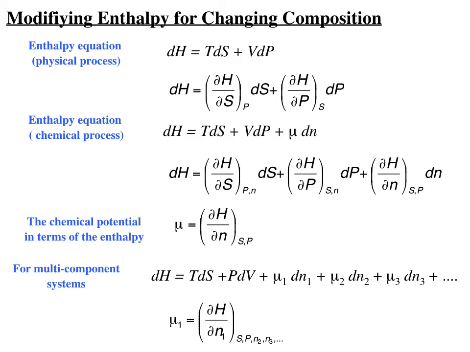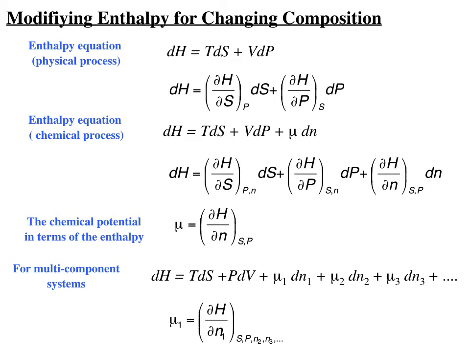So in an isochoric adiabatic experiment, you monitor the change in internal energy with composition and you'll get a number. Here I'm saying in an adiabatic isobaric experiment, you vary the enthalpy with composition, and you'll get the same number. So this chemical potential is the same, it is just evaluated under different conditions.